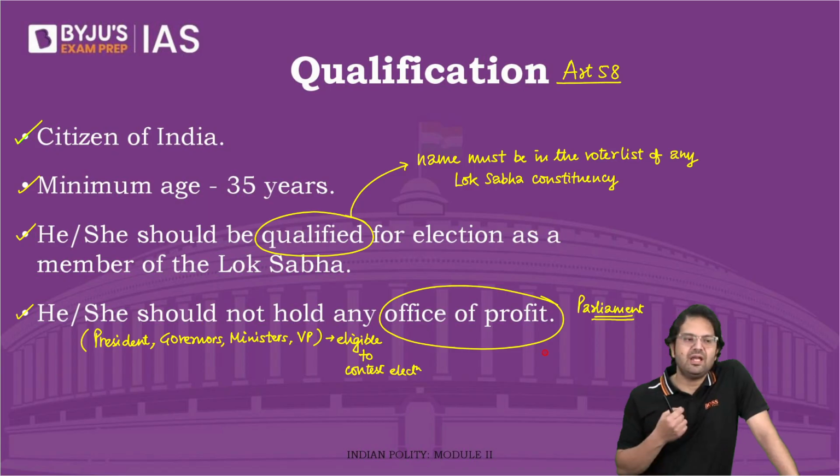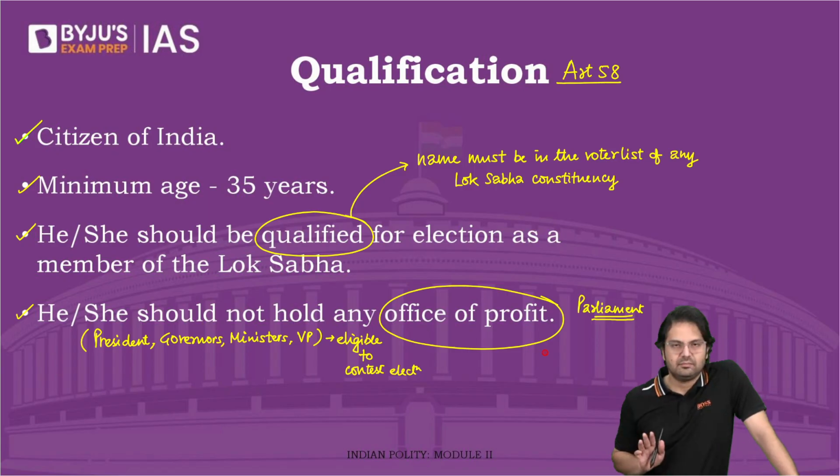Third point means that your name should be in the voter list in the country. There is something called voter list. Your name should be in the voter list in the country. Clear? Tulsi, I gave an example of benefits right now. Salary comes from government, appointment made by government, removal made by government. You are performing government functions. Government has control over your functions.